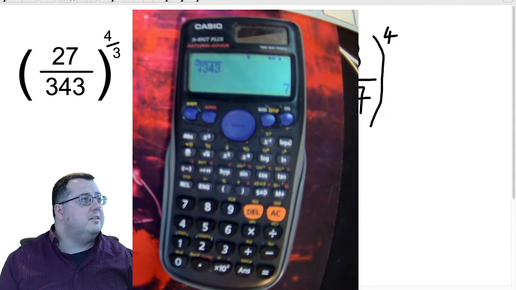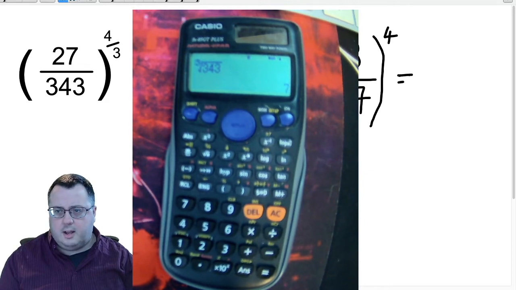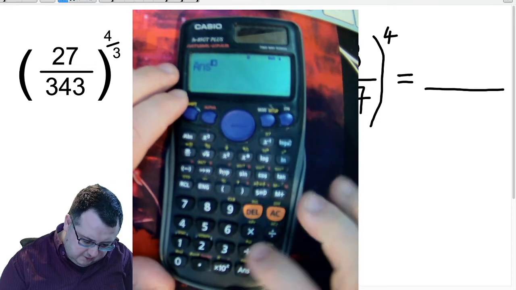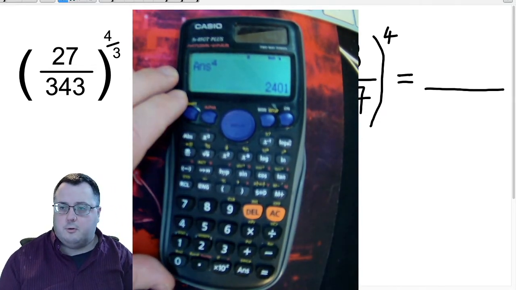Back to the calculator. As the 7 is on screen, let us work out what 7 to the power 4 is first. So I'm going to raise that to the power 4 with my x to the power button. Gives me 2401.